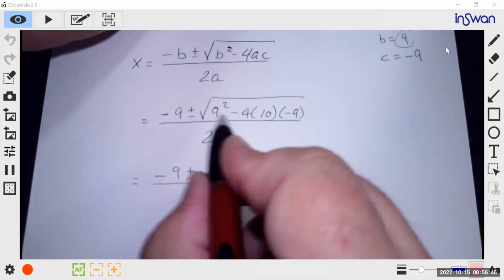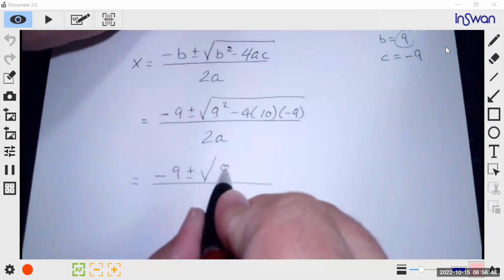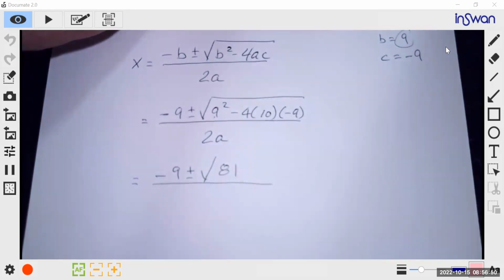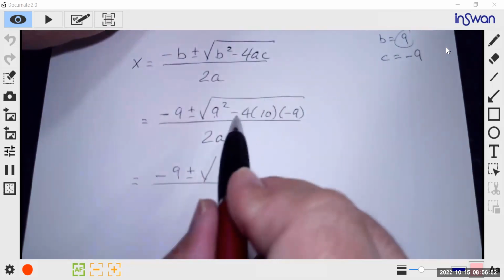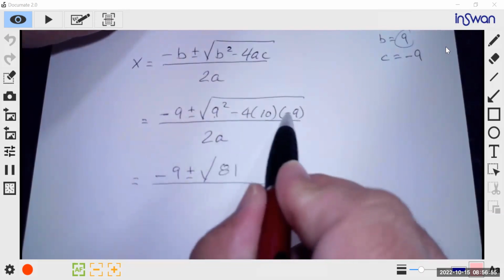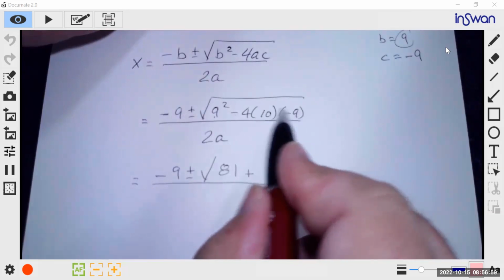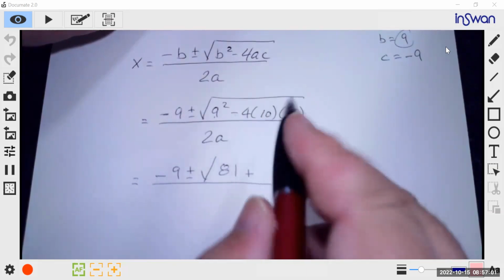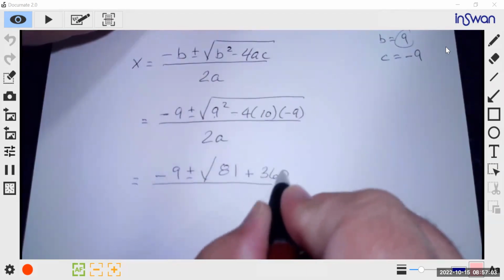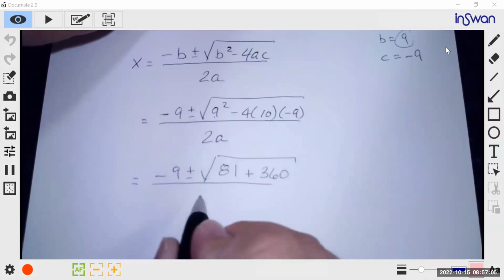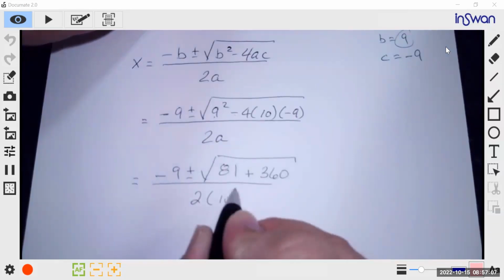Inside the radical, 9 squared is 81. A negative and a negative makes it a positive. 9 times 4 is 36. 36 times 10 is 360. Over 2 times 10.